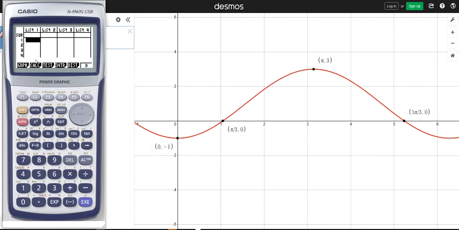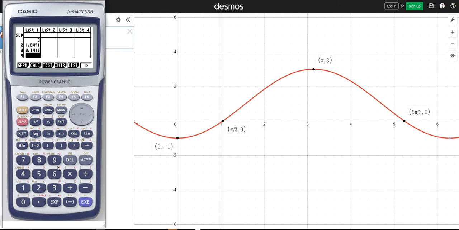So I've got 4 points. The first x is 0. The second one is pi over 3, shift pi over 3. The third one is pi, shift pi.